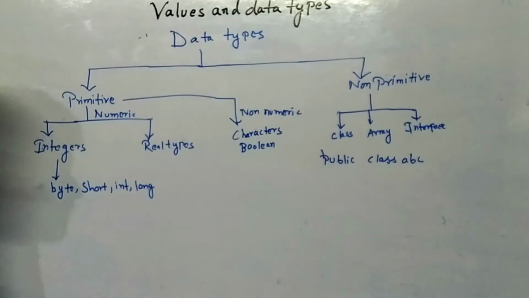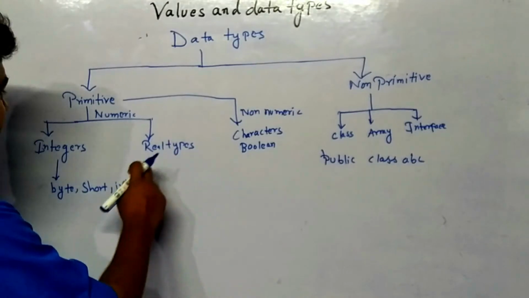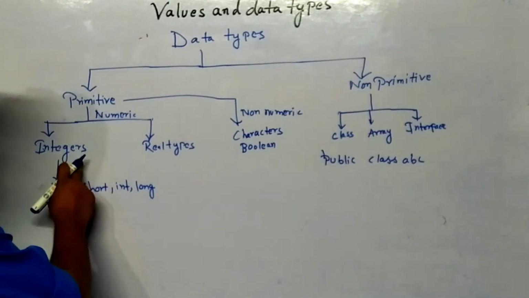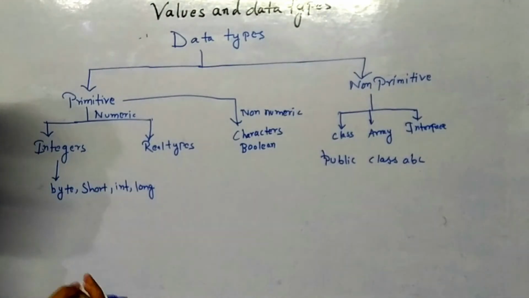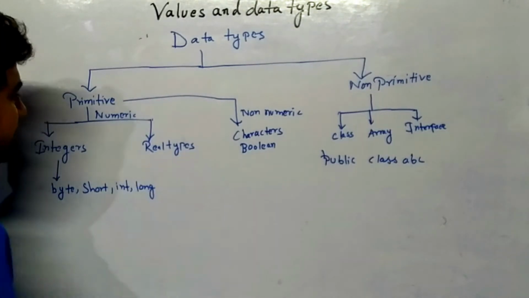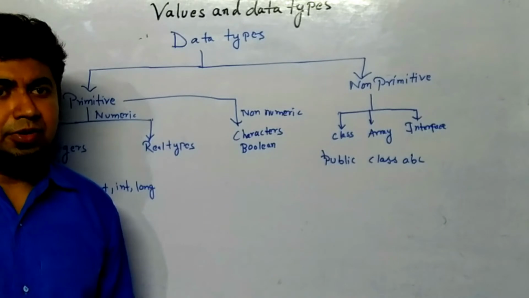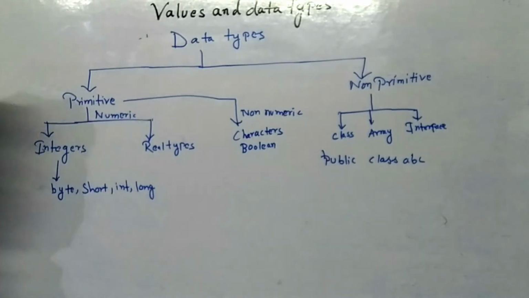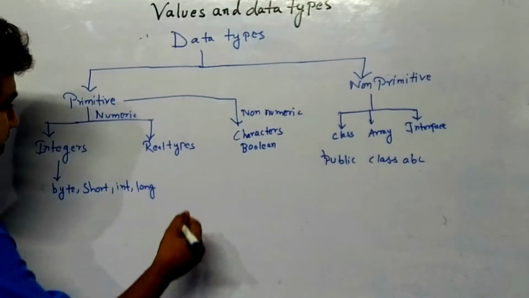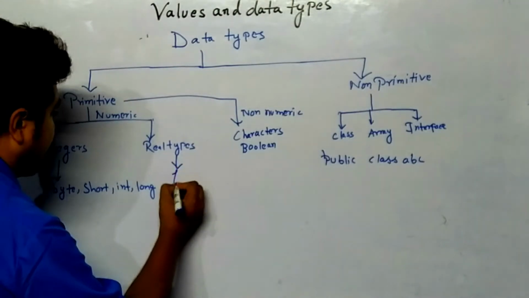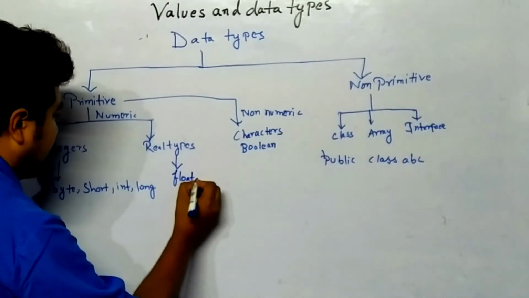Numeric means numbers. Now you must be thinking that numbers can be of one type, integer, or another, real type, because numbers can be only integers or can have a decimal part also. Some can be of integer type or of floating as well as double type.